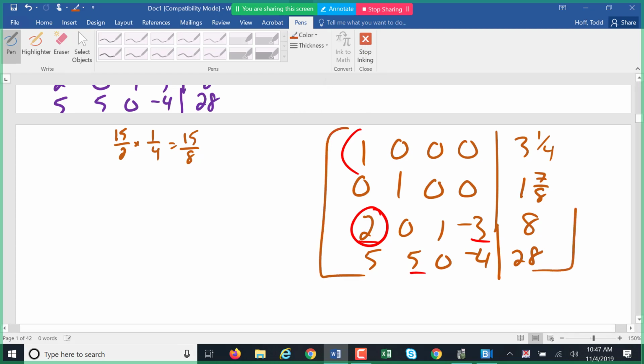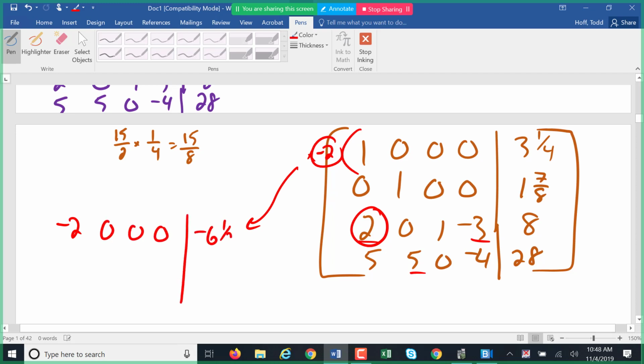I get a little sloppy with my brackets as I'm working just because it saves time not to write them in, but I really should write them in. So this top equation here is going to be multiplied by negative 2. So I've got negative 2, 0, 0, 0, negative 6 1/2. The rest of my rows don't change at this point.